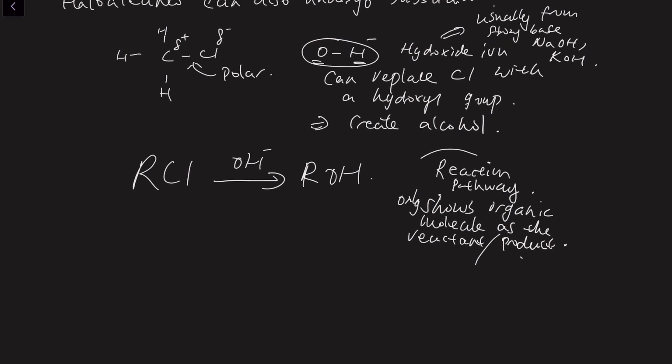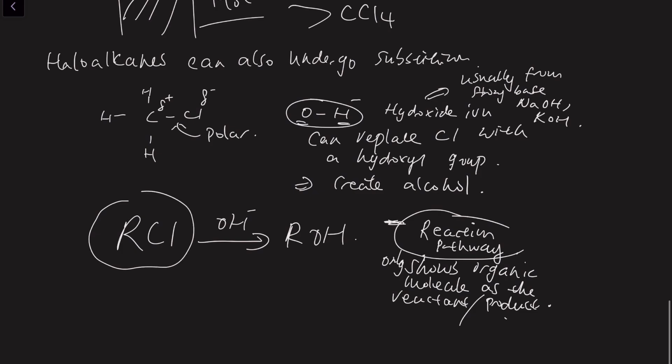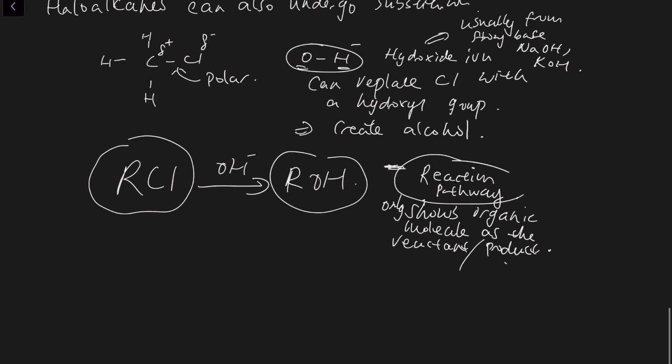So this is the reaction pathway. You are going from haloalkanes to alcohol, with R representing the rest of the carbon chain. And Cl is the chloro functional group, and OH is the hydroxyl functional group.